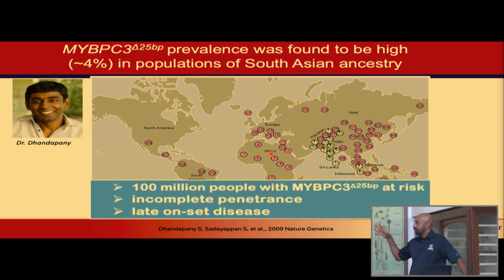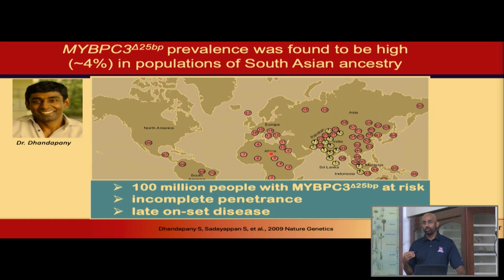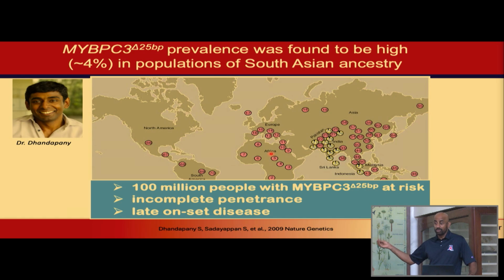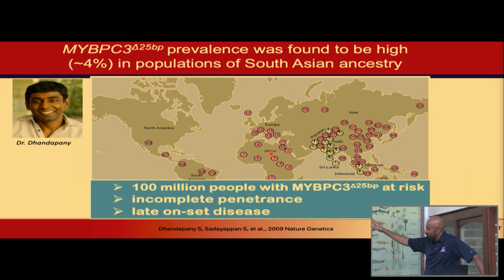Based on today's population, we expect over 100 million people can live with this variant. And then there is another problem: 95% of the people with this variant are normal, or incomplete penetrance. And if you have it and you see the disease, predominantly it's a late onset.